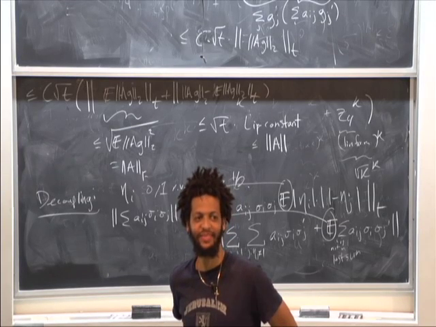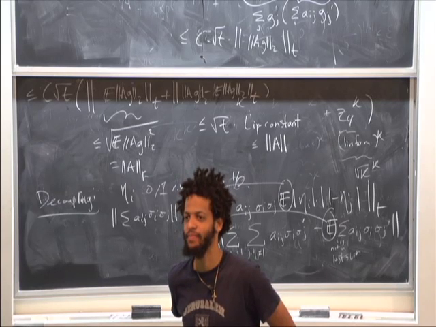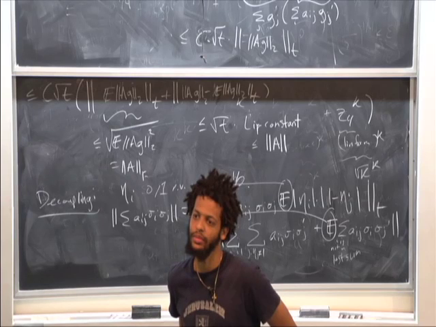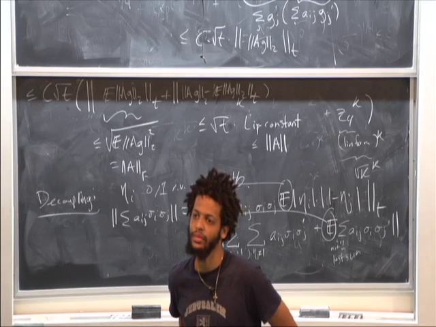And now you take minus 1 to the sum of xi. Just parity, you correlate it with parity. So you take parity, and you want to prove that this is not correlated with parity.